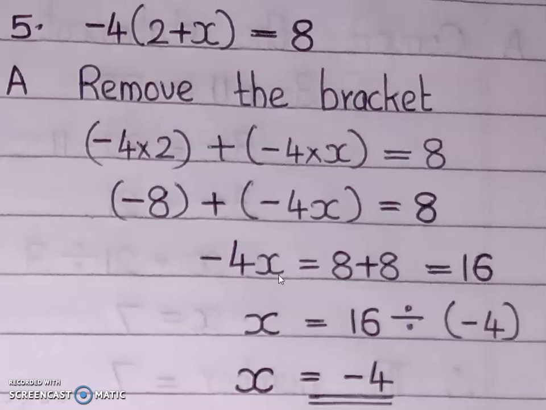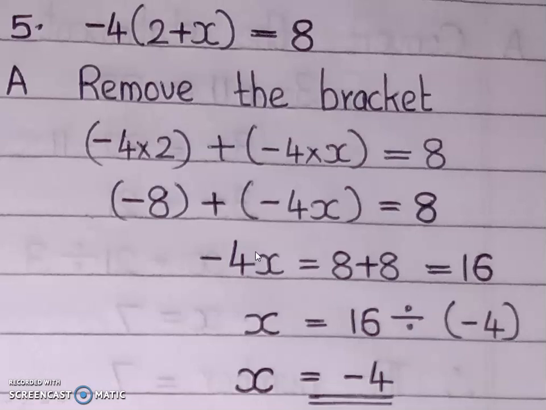Next, how will you read this? Minus 4 into x. Clear? So, minus 4 when it goes to the other side, it becomes divided by minus 4. Why did it become divided by minus 4?